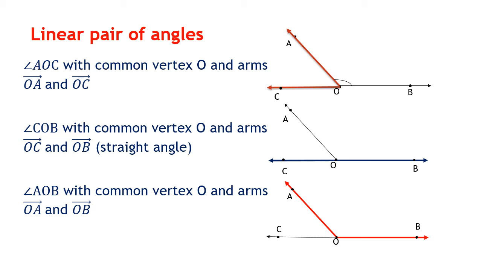Okay. So in this figure, can you tell me which are the adjacent angles? Now here again I have got three angles. The first one is angle AOC. Common vertex O and the arms OA and OC.